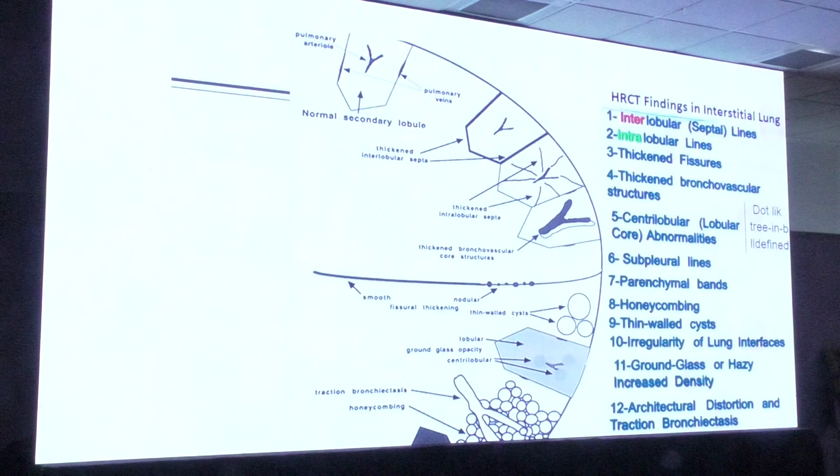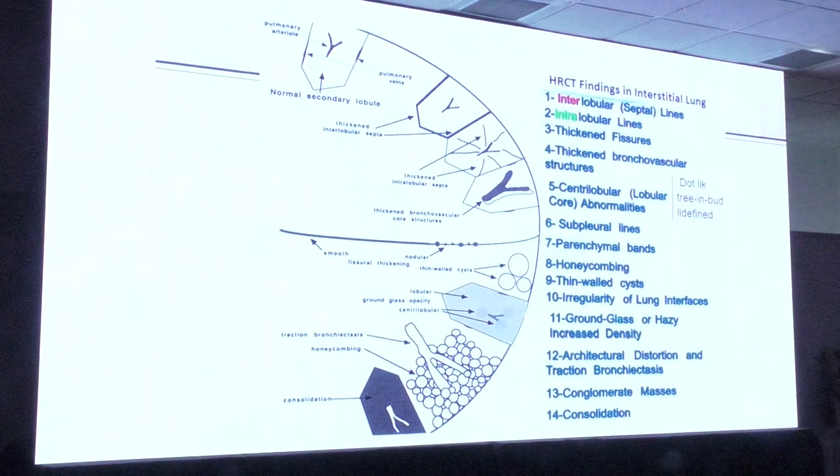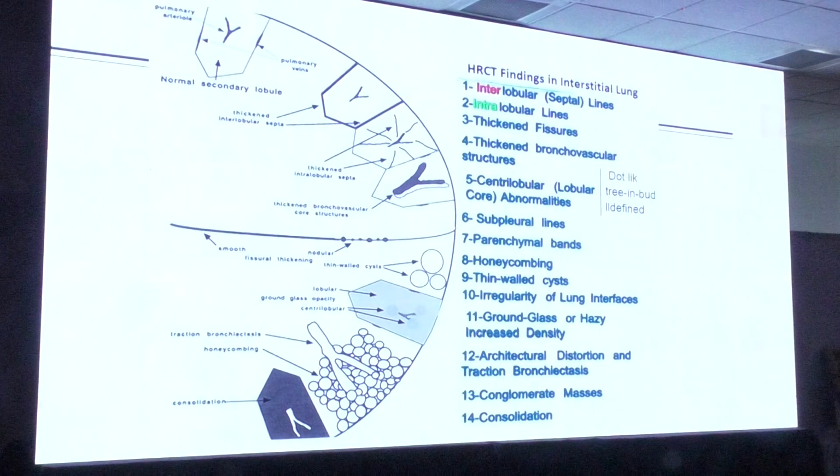Then we have the thickened bronchovascular core, then the fissural nodules. You could see the smooth fissure starting in this extreme, and there are nodules in the second half. Then you have cysts, then lobular opacities, which could be ground glass or consolidation. Then we have traction bronchiectasis and honeycombing, and then consolidation. So these are the patterns which we are going to discuss.